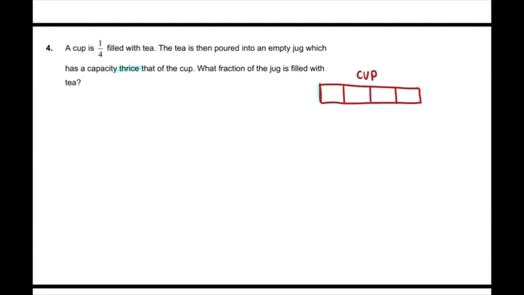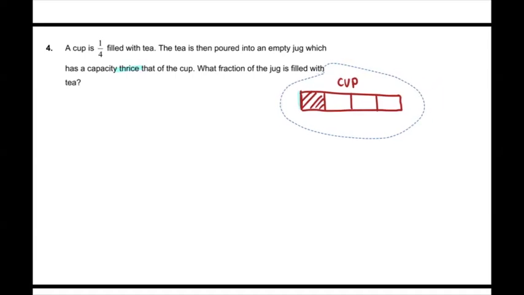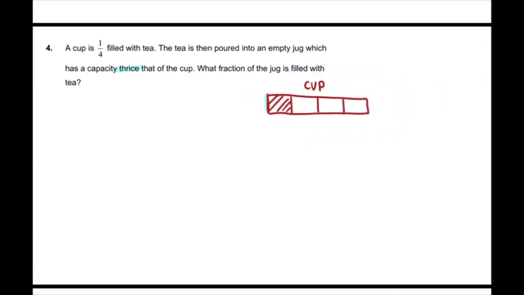All right, and then whatever that's in this cup is now poured into an empty jug. So the cup is 4 units, and the jug would be 3 times.